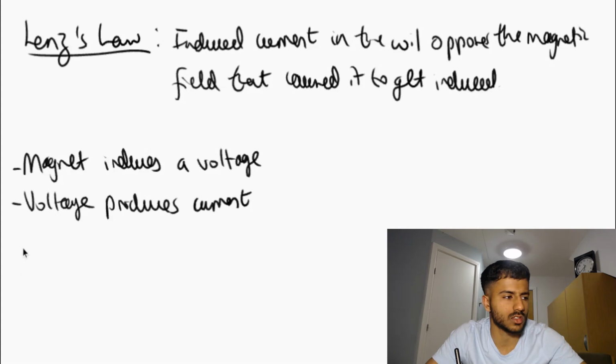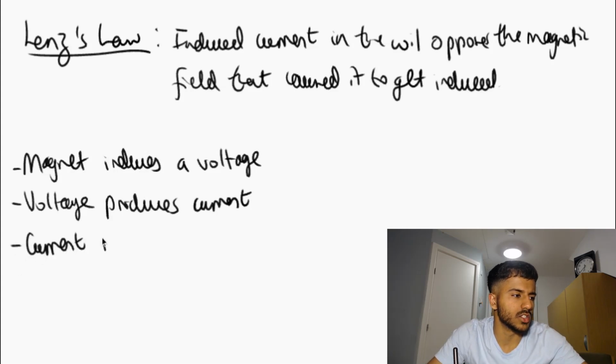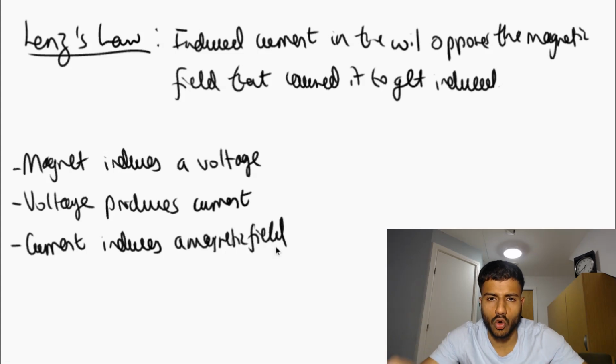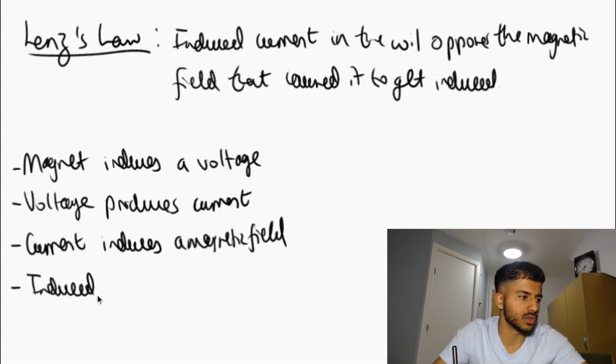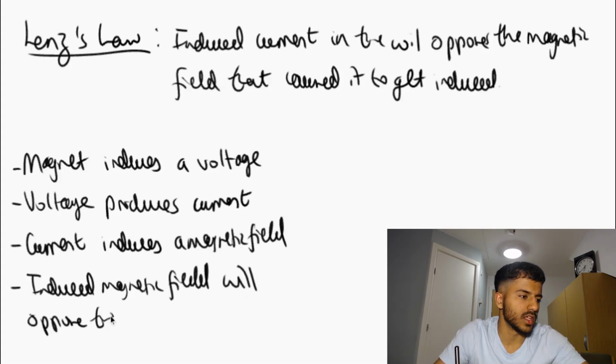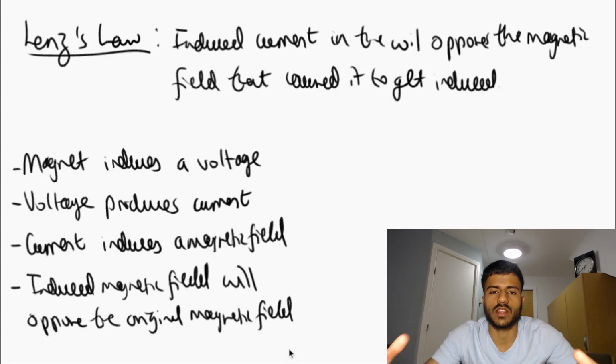And from what we learned last time, we know that currents induce a magnetic field. So this current produced in the coil will induce its own magnetic field. And the induced magnetic field will oppose the original magnetic field from the magnet. And that's what Lenz's law is. And the reason it's a thing is because otherwise you would simply just get an infinite amount of energy if you continually just dropped a magnet through a coil.